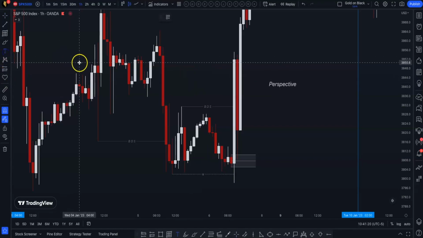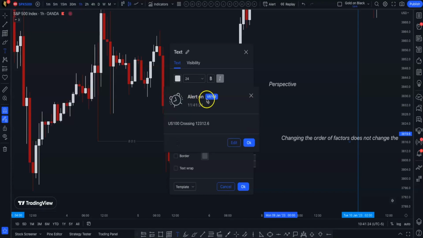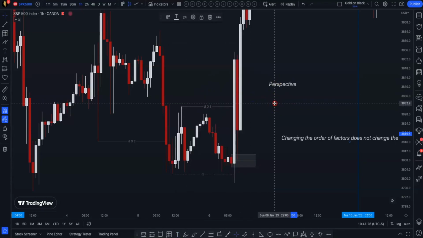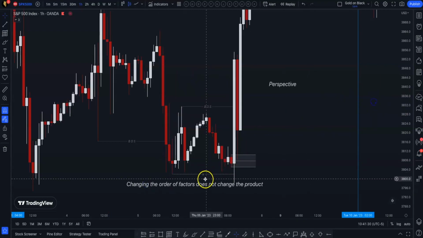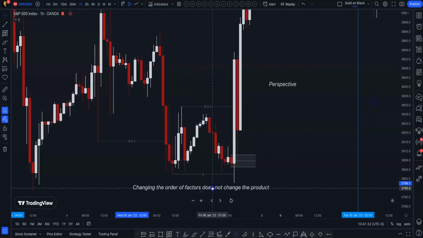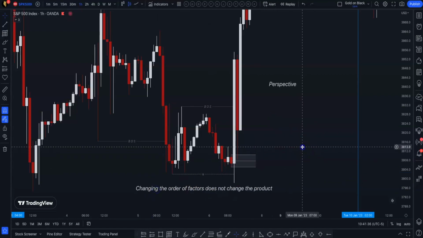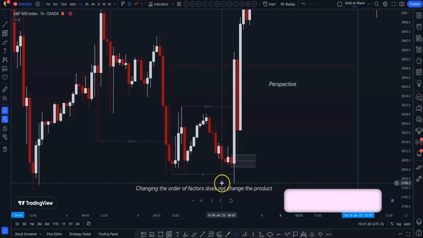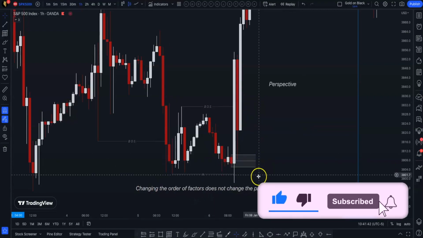I'm going to actually paste it up here. Hold on. Here, there we go. So changing the order of the factors does not change the product. I don't know if you have ever heard this in a mathematics class, but it's something similar in here.